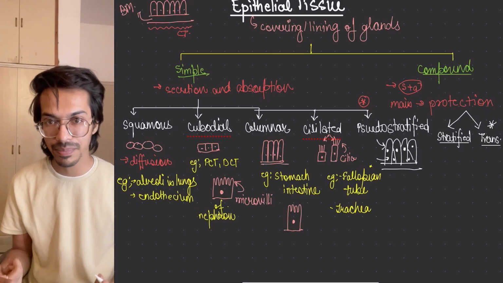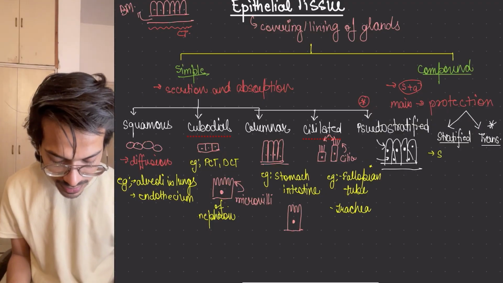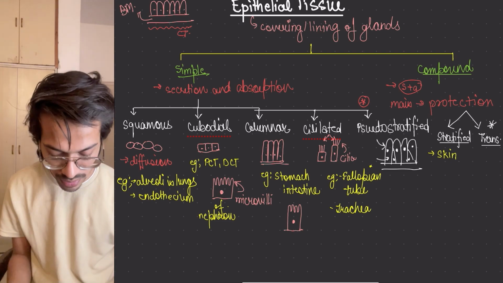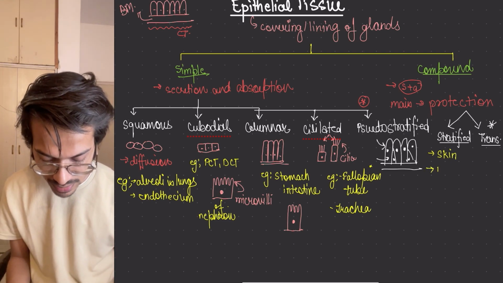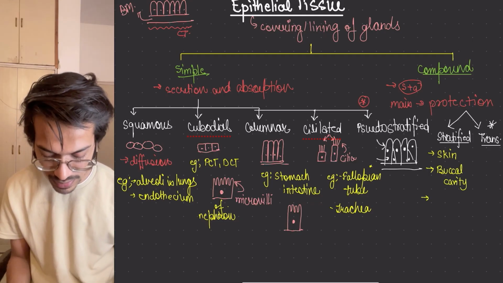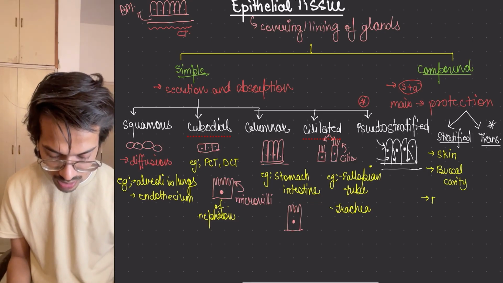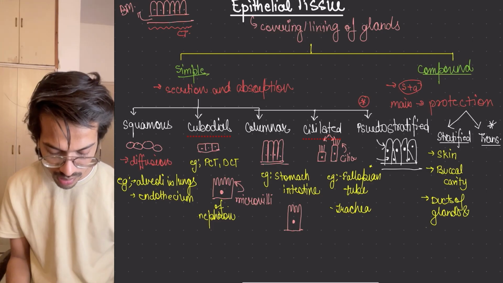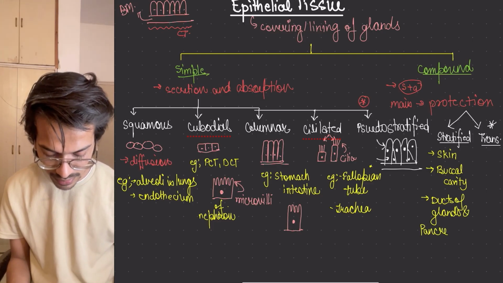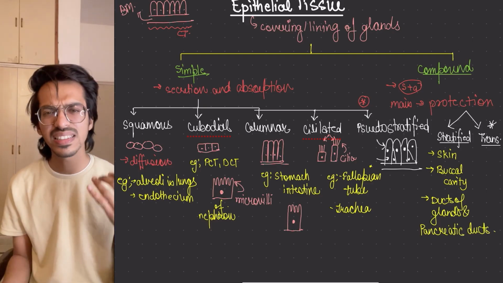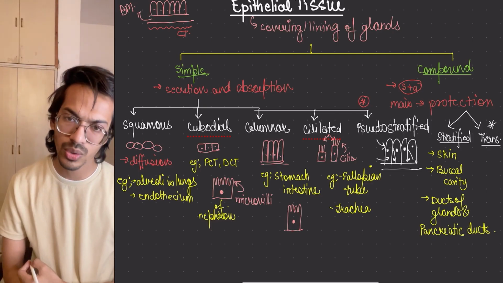What NCERT gives are examples of where it is present: in the skin, in the buccal cavity, that is the mouth, in the ducts of glands and pancreatic ducts. These things are given in NCERT, and you have to remember this.